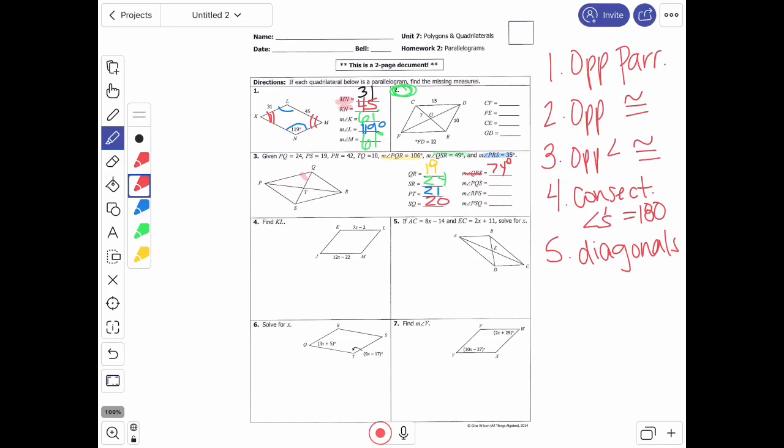Now I know angle QSR down here is 49 degrees. So if you see, these are those alternate interior angles, and alternate interior angles are always going to be congruent. So that makes PQS, this red angle, also 49 degrees.